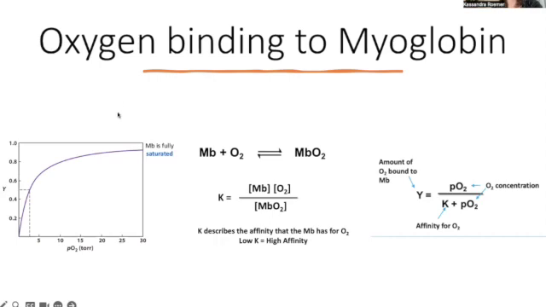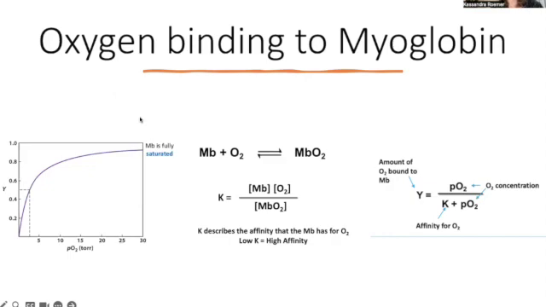And this will give us the affinity that myoglobin has to bind O2. So if we have a low K value, we have a really high affinity because this value will be really high, which will make the entire value low.